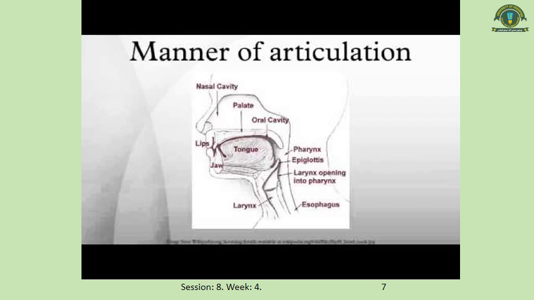Through the tables and other demonstrations, you are now in a position to understand that the route available for the air to go out is either the oral cavity or the nasal cavity. And except three sounds in English, m, n, and ng, most of the sounds are produced through the oral cavity, the oral tract. This is very important to understand.